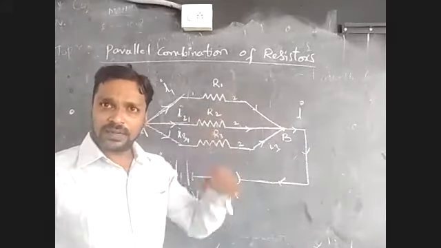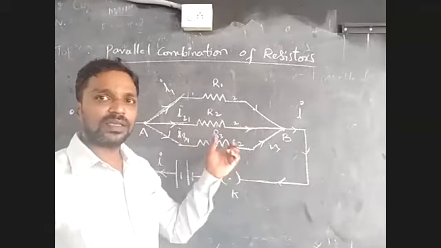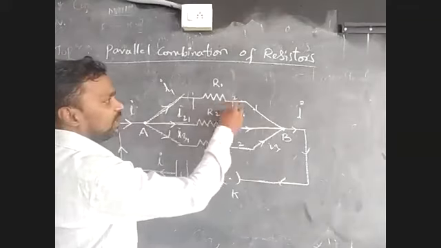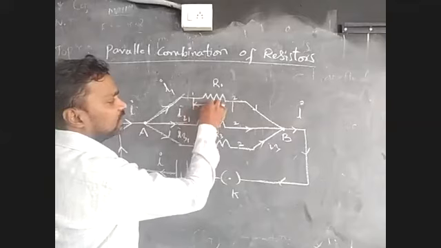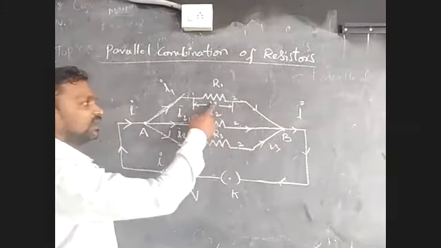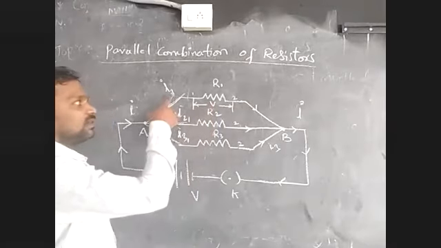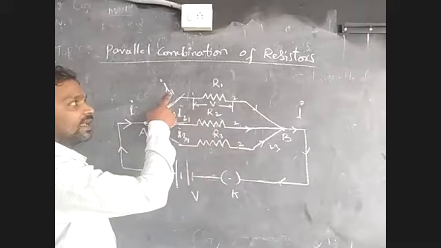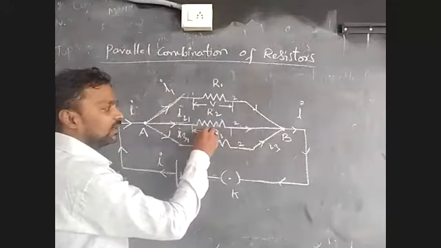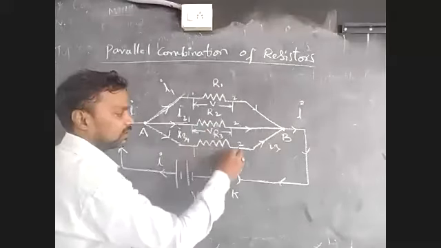If you go by the Ohm's law relation, V is equal to IR. What is the potential difference? That will be the same. We say the potential difference will be the same. This is V, and this V will be the same. How will it come? V is equal to I1 into R1. Similarly, if you want V here, that will be V again only, and here also.